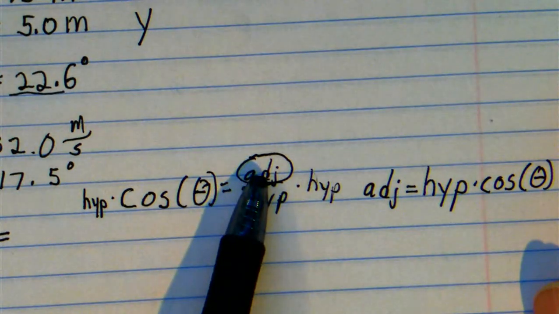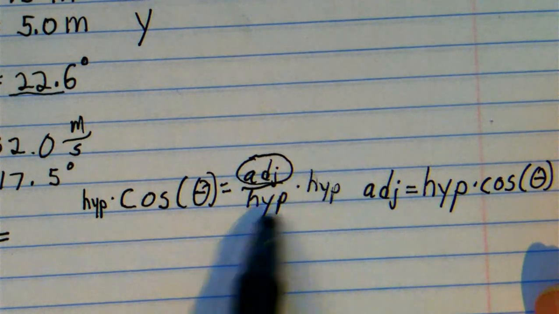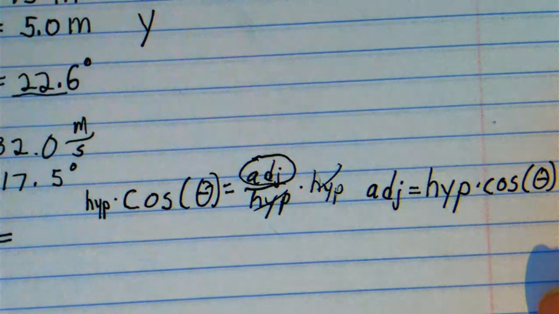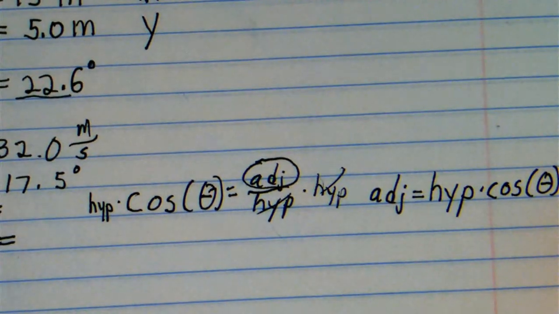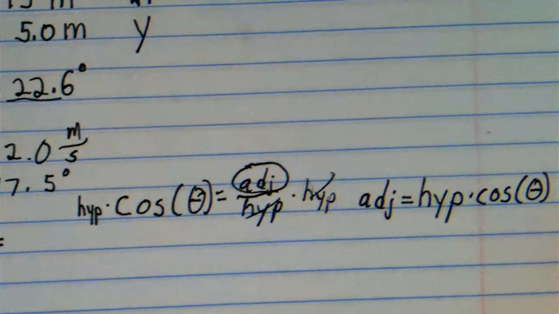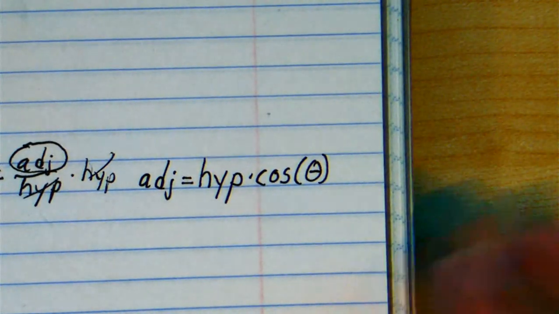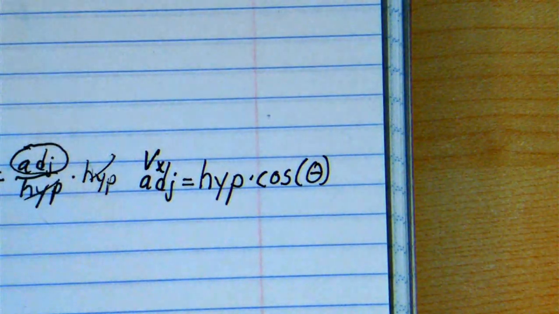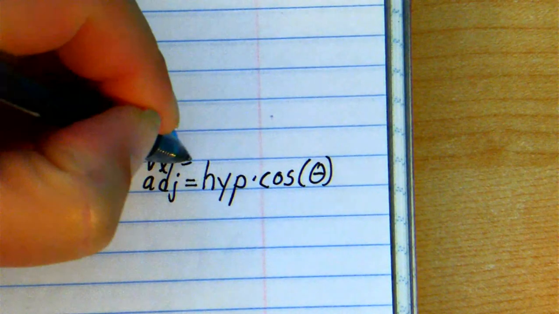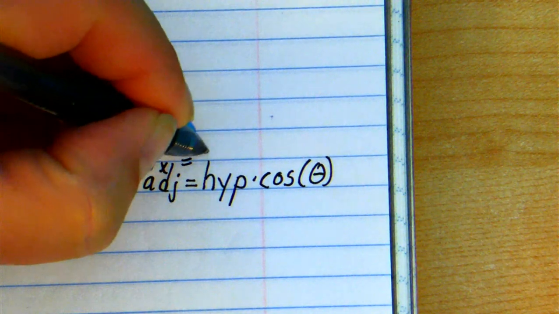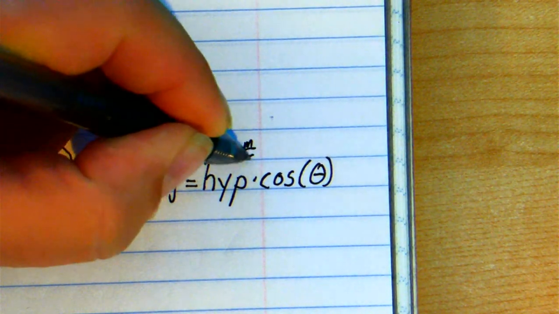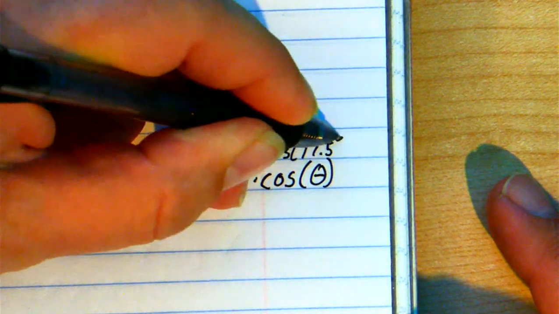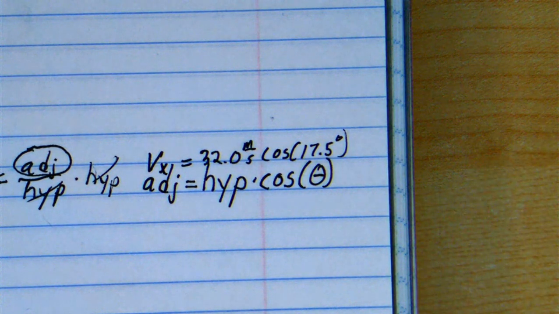To isolate the adjacent by itself, I multiply both sides by the hypotenuse, so it cancels on the right, and on the left, we have hypotenuse times the cosine of reference angle. So here I wrote it one last time, kind of cleanly. The x component of the velocity is equal to the hypotenuse, which was 32 meters per second, times the cosine of the reference angle, which is 17.5 degrees.